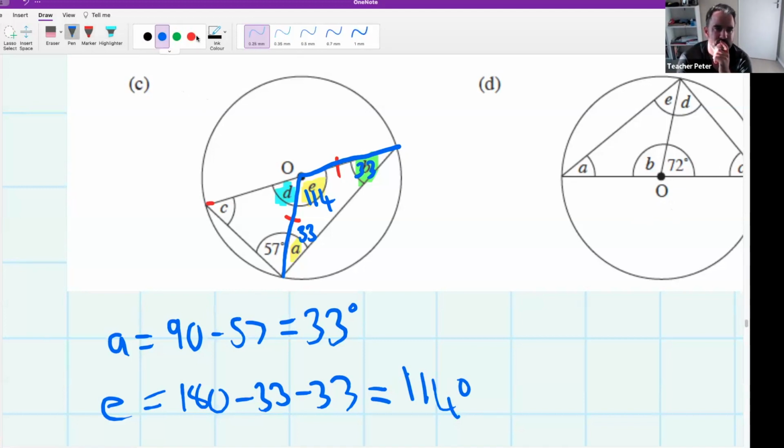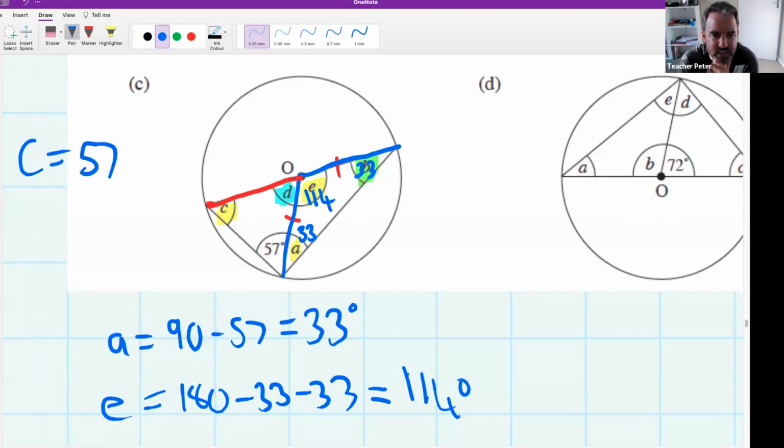Those two sides are also equal, sir. Okay, so are you going to try and do C first? Yes, sir. So what did you get for C? C will also be 57.